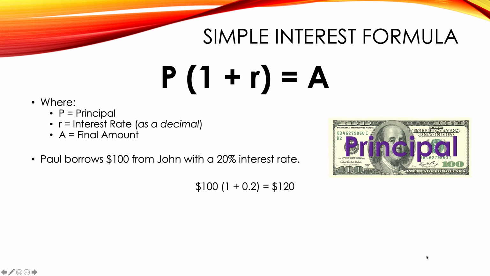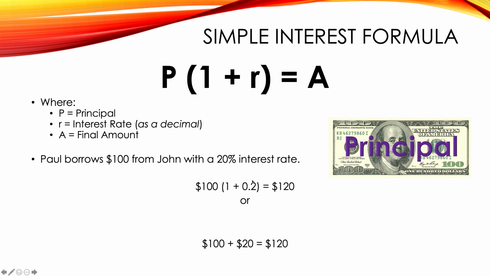Plugging everything in, that's $100 multiplied by parentheses 1 plus 0.2, there's our 20% rate as a decimal, equals 120, right? So if you were to distribute that 100, you would do 100 times 1, and that would give you 100, plus 100 times 0.2, which is 20.